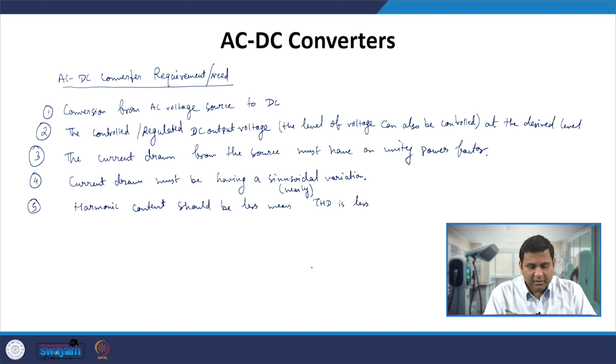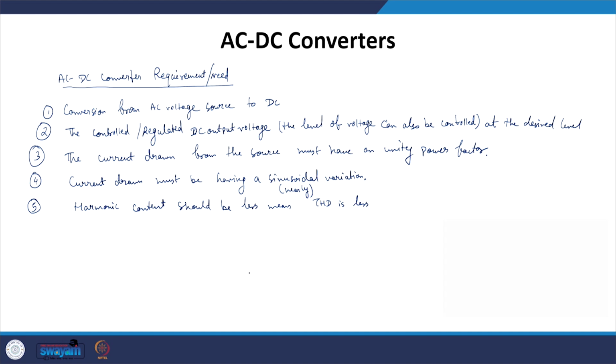So, these are the things an AC to DC power converter needs to do. First, it converts the AC voltage source to DC and feeds it to the load. Along with that, the DC output voltage must be at the desired level, controlled or regulated in nature, and the current drawn from the source must have a unity power factor.